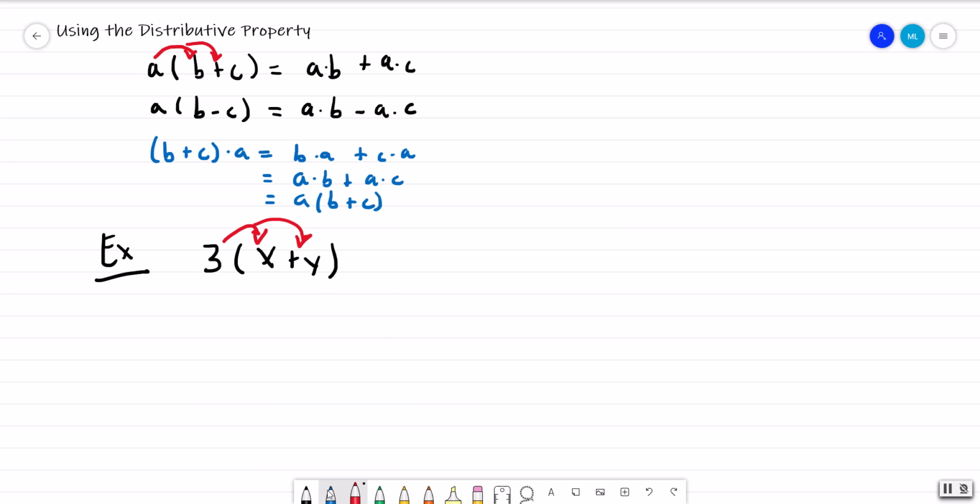So we have 3 multiplied by x plus 3 multiplied by y. But these two terms are unlike, so there's nothing else left to do. So we just have 3x plus 3y.